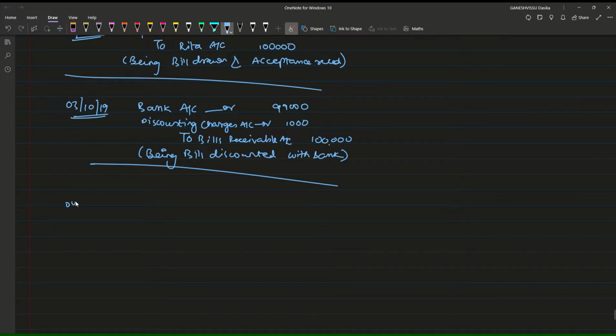October total, November total, December total completed. After that, 3 days we are going to add. So on 4th January 2020, the amount is receivable.